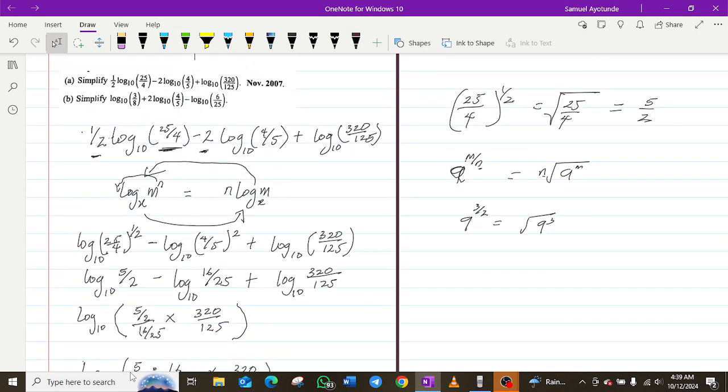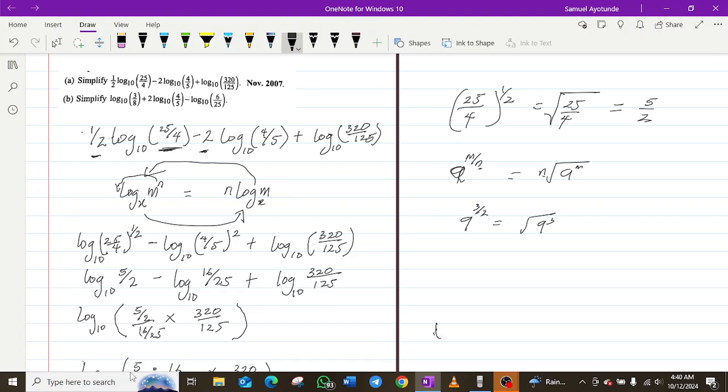We go ahead to question B, which says log 3 over 8 base 10 plus 2 log 4 over 5 base 10 minus log 6 over 25 base 10. So that is our new question. So I'll copy it here.